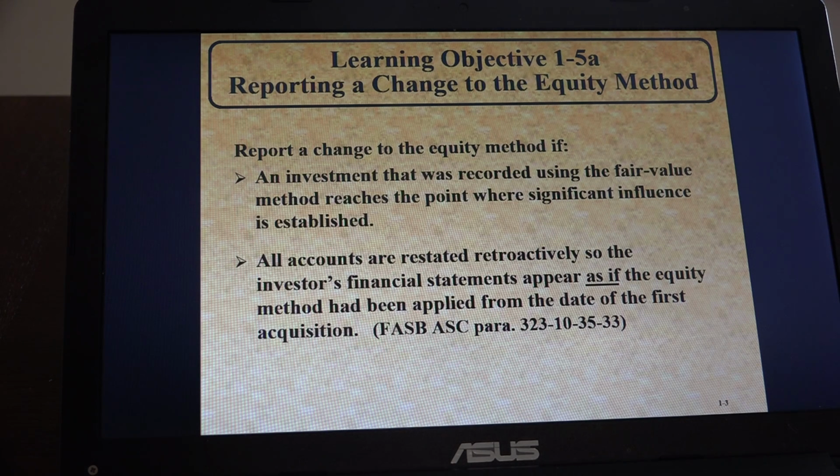That removes the valuation accounts that pertain to the investment prior to obtaining significant influence. And the credit is going to be the fair value adjustment, available for sale, that would have been made prior. So as it says, to remove the investor's percentage of the increase in fair value from shareholders' equity and the available for sale portfolio valuation account, because it's no longer an available for sale account.